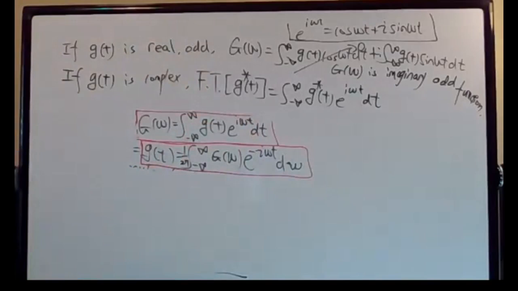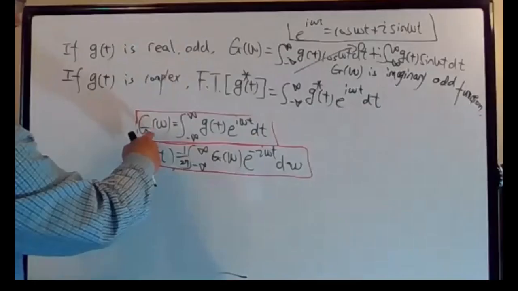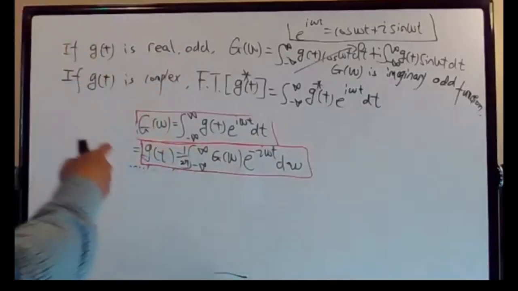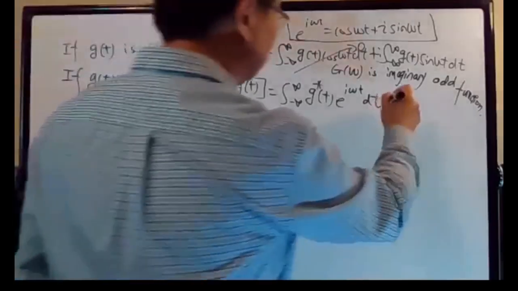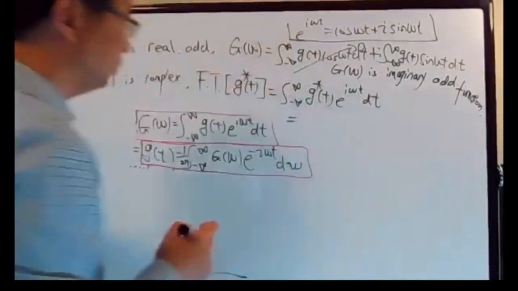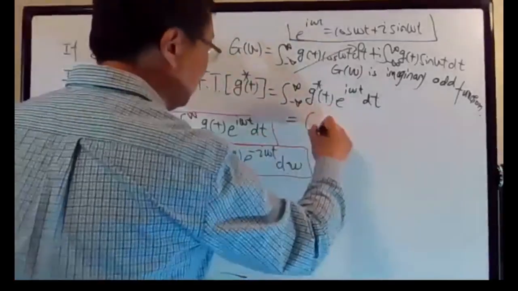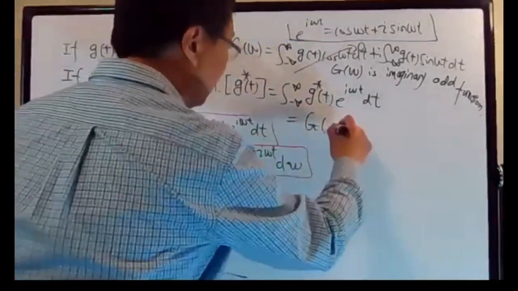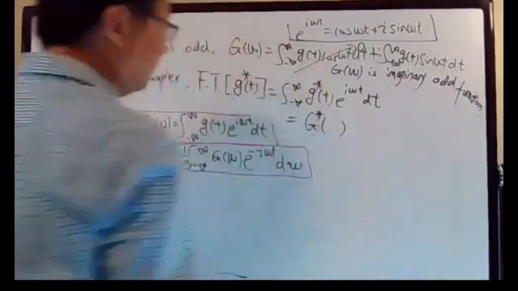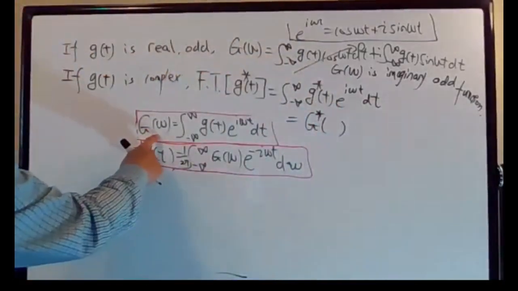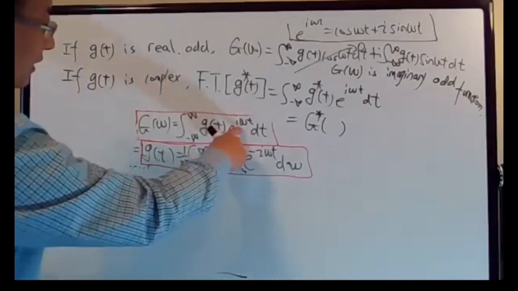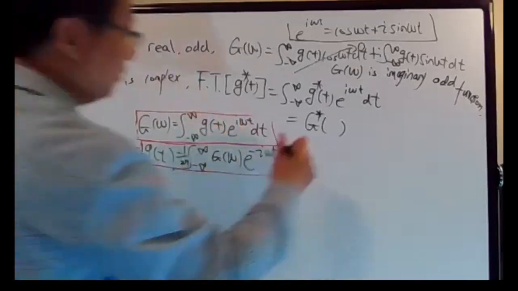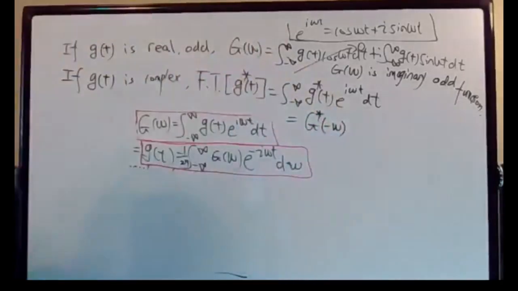So if I put a negative, then it will be this equation. So this is equal to G conjugate, and if I take a G conjugate, then we have the little g(t) conjugate, but there will be a negative.